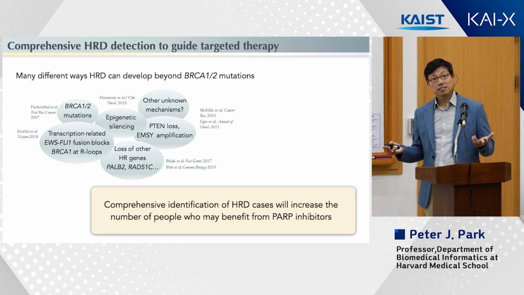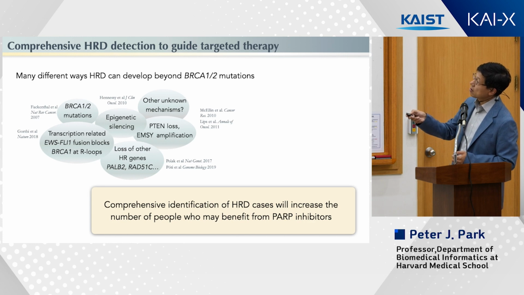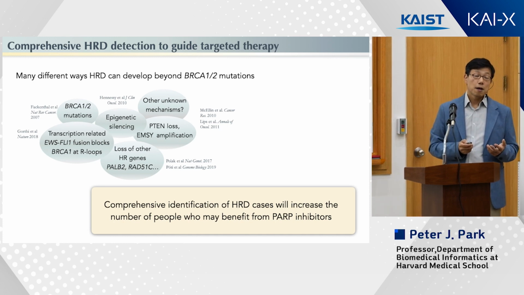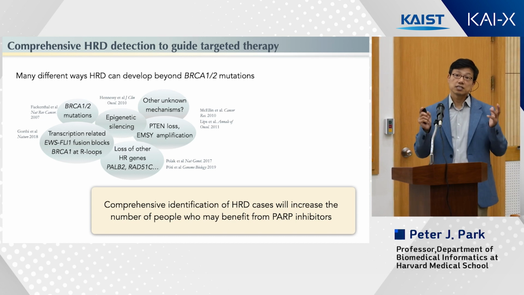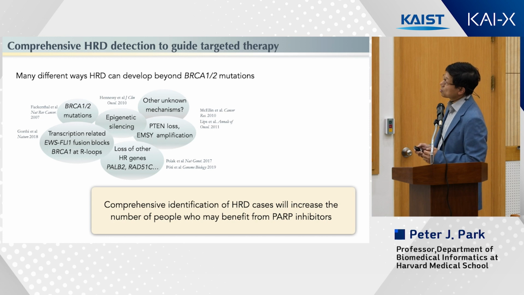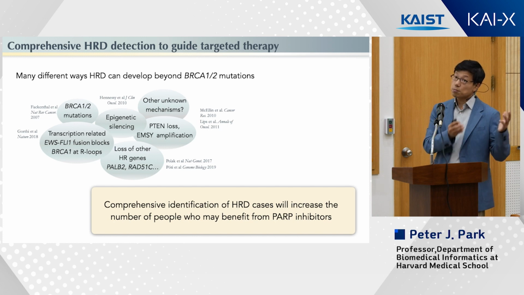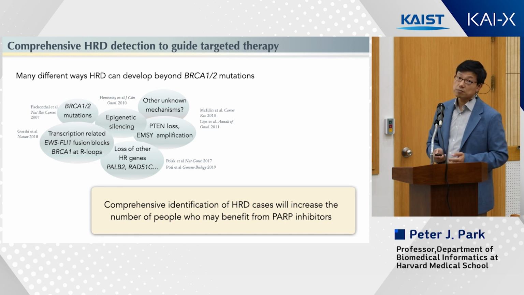Right now, we can't detect it unless you specifically test for it. There are other genes, like PALB2 and RAD51C, but who knows what other genes are involved in the same pathway. Regardless of the specific mutation, they will all generate signature 3. So comprehensive identification of homologous recombination deficiency, which is related to PARP inhibitors, will increase the number of people who can benefit from this.